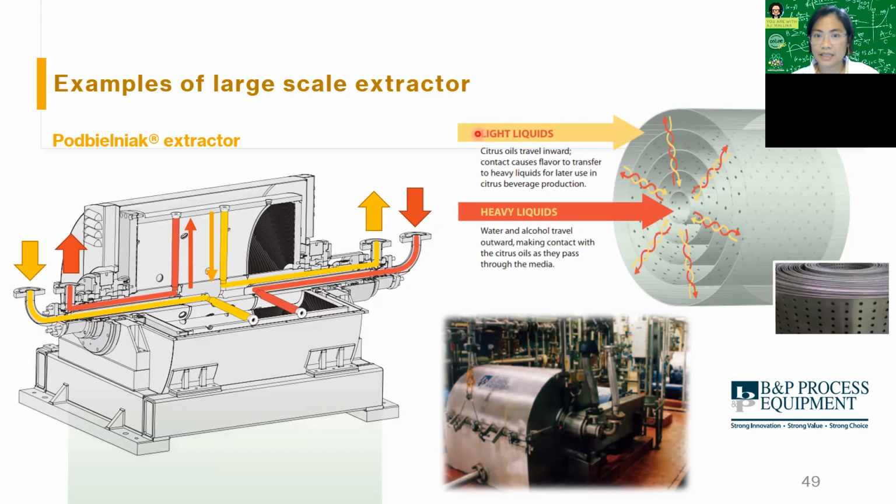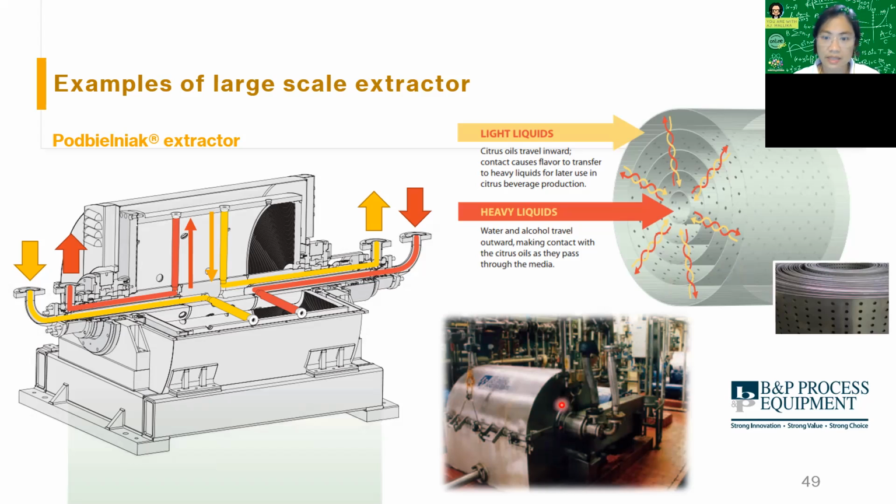So basically the light liquid comes here, and the heavy liquid goes there. The light liquid starts from outside flowing in. The heavy liquid starts from inside going out through these small holes, and then the contact happens.